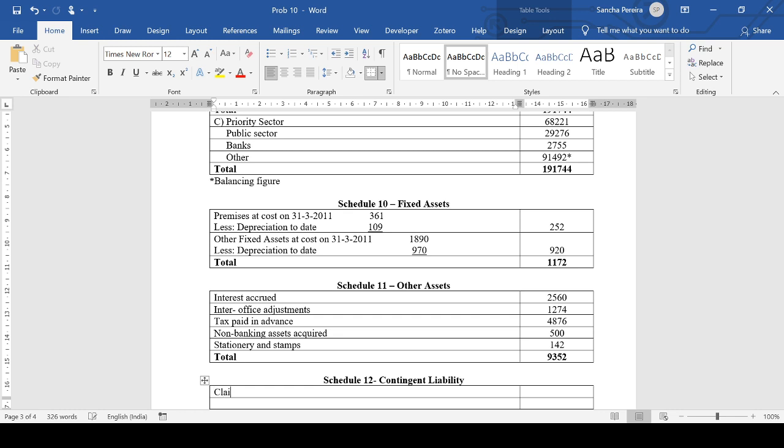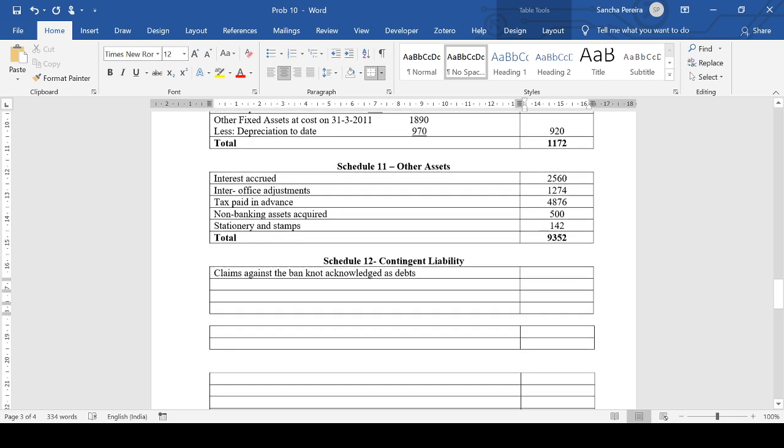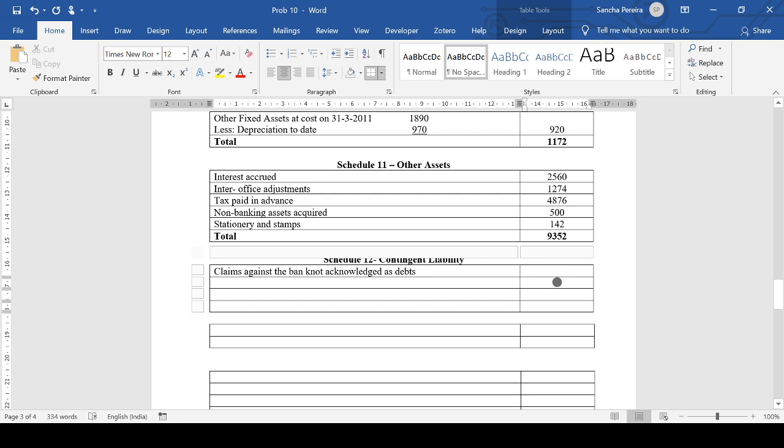Claims against the bank not acknowledged as debts, which is 12. Now they've said 12,000, but we cancel the 3 zeros.